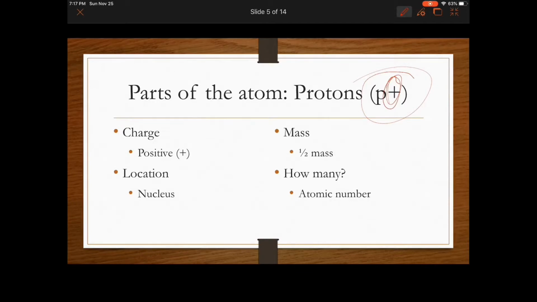If you want to think about it in a different way to help you remember, protons are positive. If you think about your pros and cons list that you create when you're making a huge decision in life, your pros list is the positive things about this huge decision.